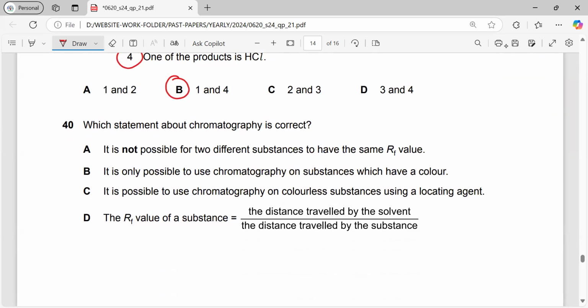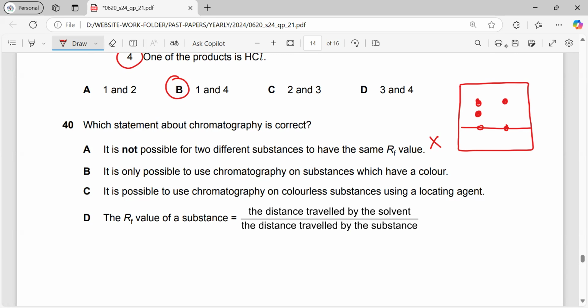Which statement about chromatography is correct? A. It is not possible for two different substances to have the same RF value. No, it is possible, because in a chromatogram we can see the same mixture containing two spots with the same RF value.